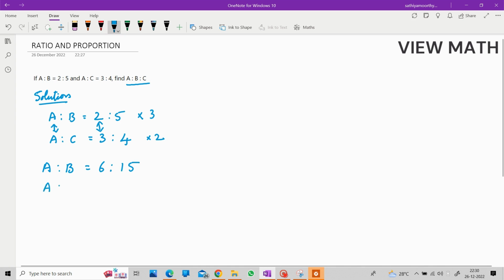The second ratio A is to C is equal to 3 into 2 is 6 is to 4 into 2 is 8. Now I can combine because the A value is same in both the ratios. So A is to B is to C is equal to A is 6, B is 15 and C is 8.